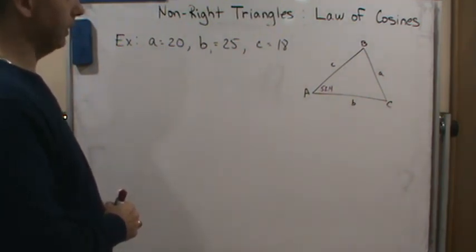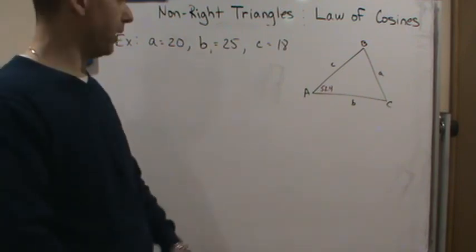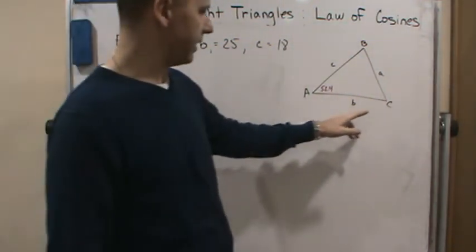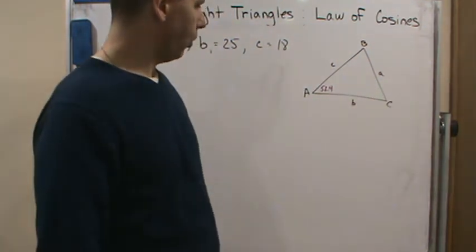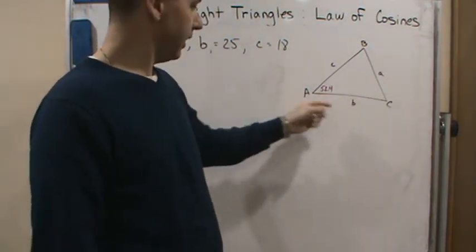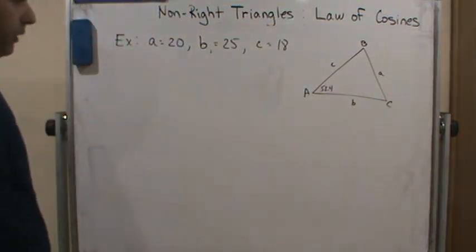I'll leave that up to you. You could either use the law of cosines and solve for C or B, or you can use the law of sines and solve for C or B. And once you solve for the other angle, then it's pretty much downhill.